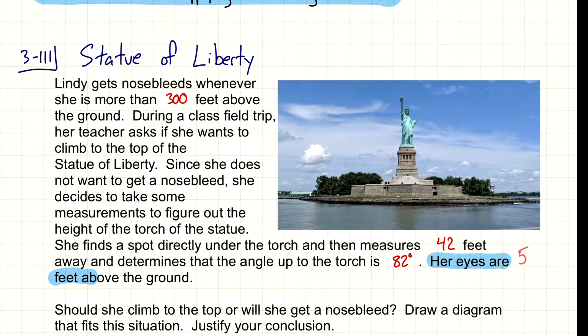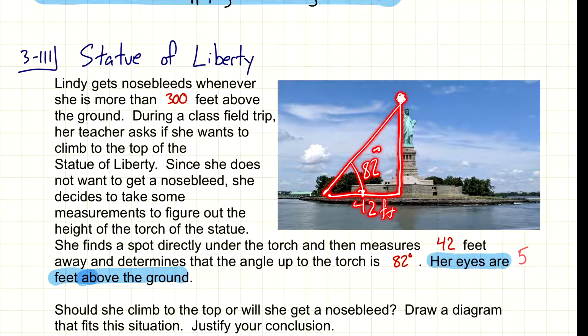So for now, I'm just going to draw it on this photo that we have here. So from the torch down, she measures 42 feet away, and she looks up at the torch and she realizes, maybe using some tools, there's actually a tool on your phone that'll tell you an angle, and that was 82 degrees.